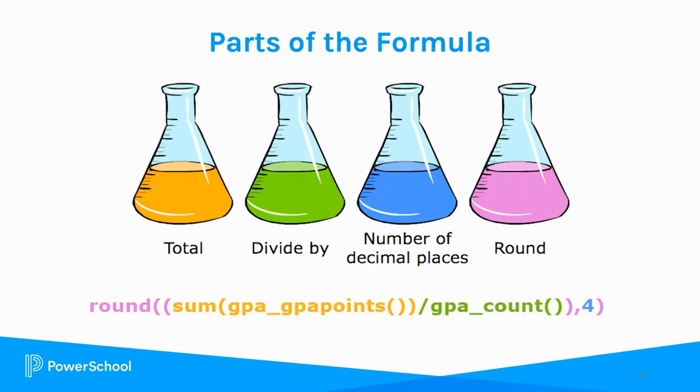So it'll be 4 plus 4 plus 4 plus 4 plus 3, divided by 5 because I have 5 grades. The number at the very end is the number of decimal places. Some people have that at 0, some people have that at 2. Out of the box it is 4, but that's how many decimal places there will be in your GPA, and that's where it's going to round.